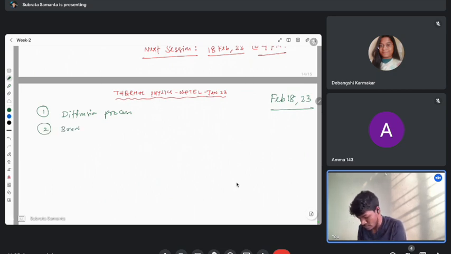Brownian motion, Einstein's theory, and then Langevin's formalism.